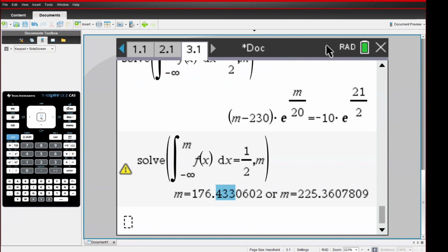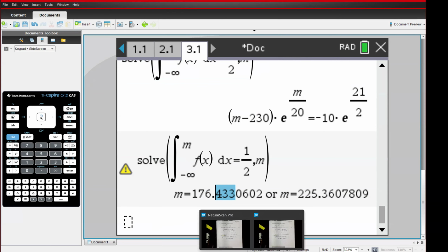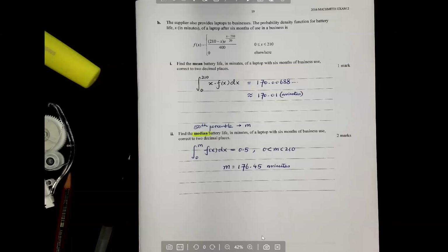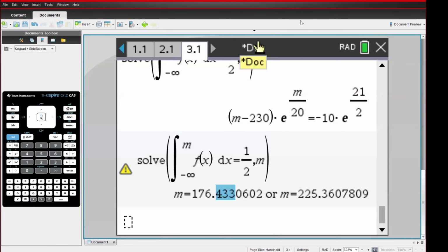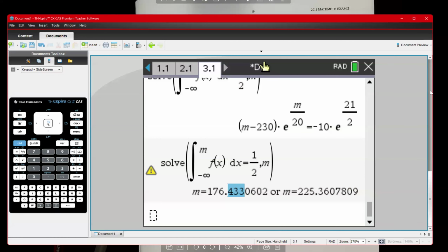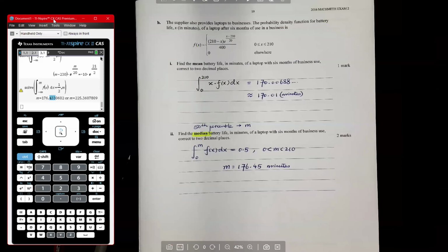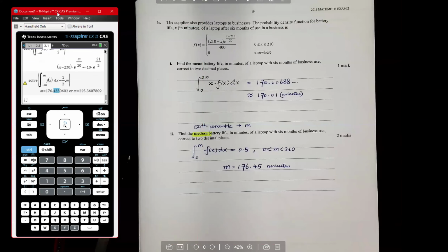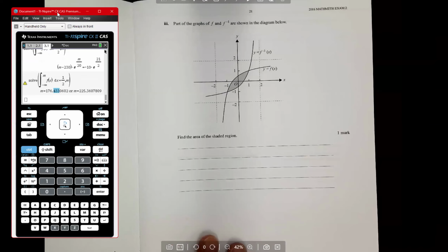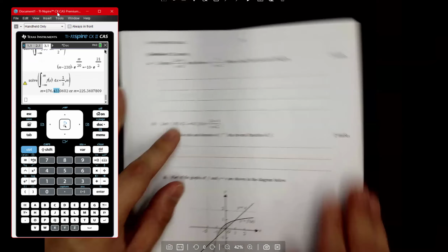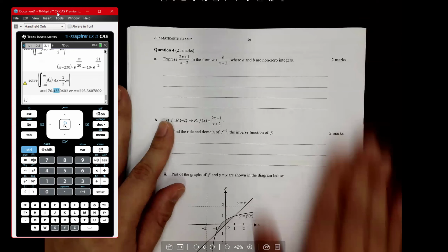Let's move on and look at the last part. My CAS calculator screen here. The last question, the extended response question on this paper, was a long extended response question with multiple parts.